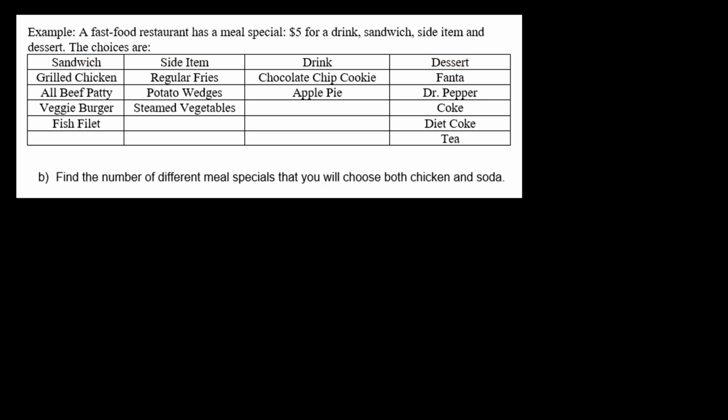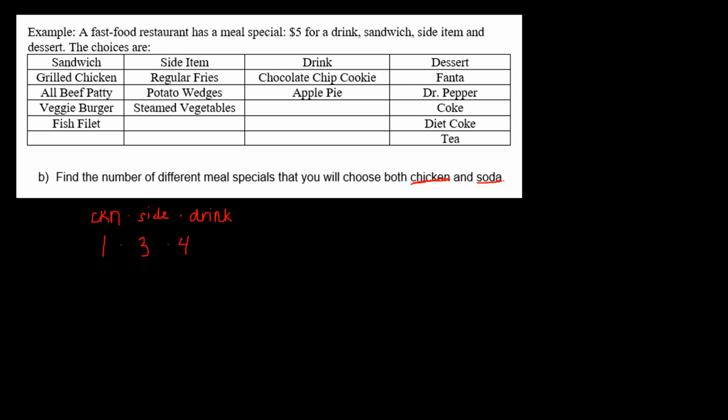Part B, find the number of different meal specials that you will choose both chicken and soda. So now we are limiting our options here. Our sandwich, we are only looking at chicken sandwiches. So there is only one option that has chicken. Our sides, we can do any side. So sides are still 3. Our drinks, we're only looking at sodas. So that's only going to be 4 of our drink options.